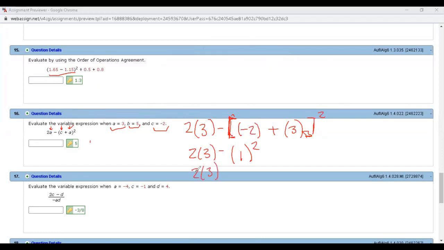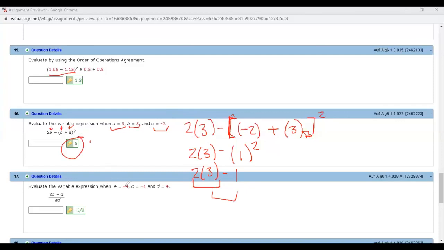So we still got this 2 times 3 minus. Now 1 squared is 1. Now at this point, our next step in the order of operation process is to do the multiplication. Then we can do the subtraction. So 2 times 3 is 6, and then -1, we get 5, okay?